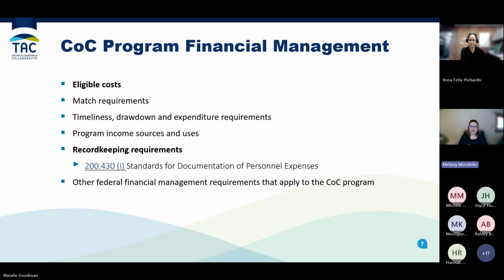They want you to draw down, they want you to be timely, all of these things. Today, we're really going to talk about eligible costs and a little bit of the record keeping that goes with those eligible costs, basically talking about how to document your personnel expenses, whether they're project administrative expenses or indirect expenses. So there's a lot more to financial management than this, but we just wanted to start here. Let's go to the next slide.